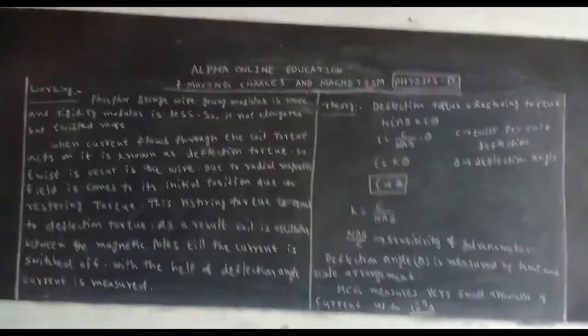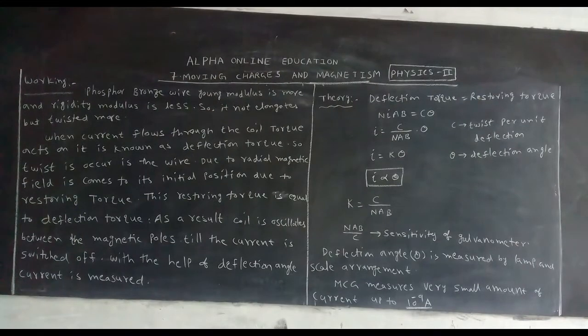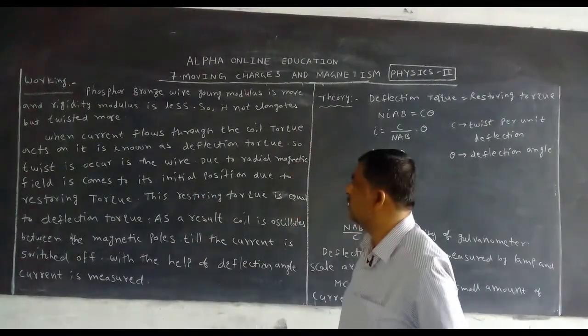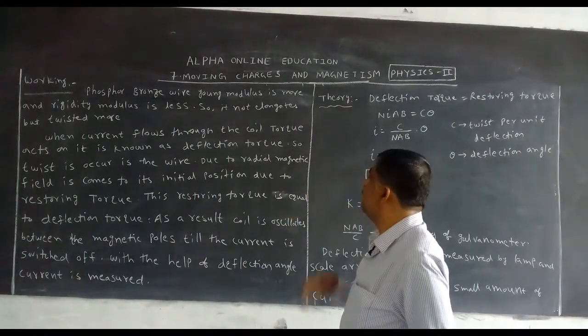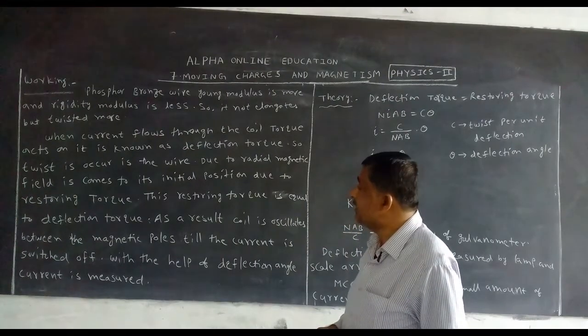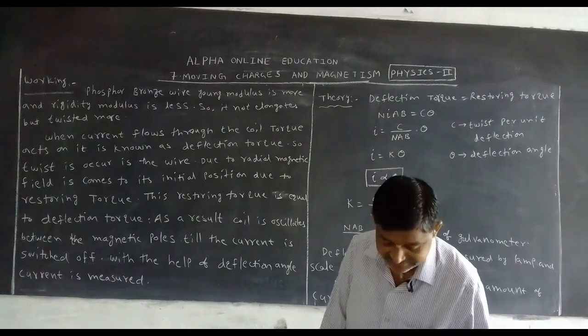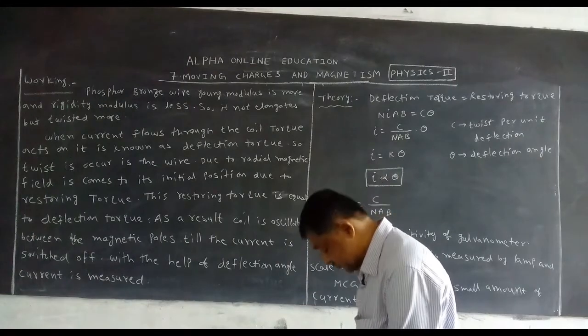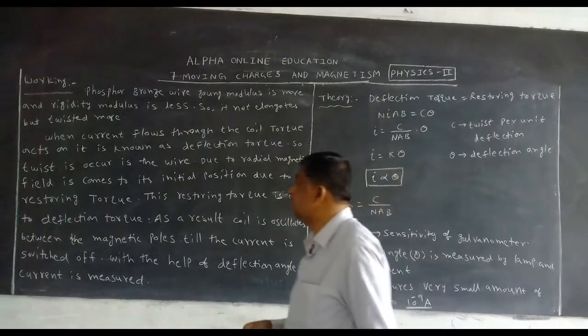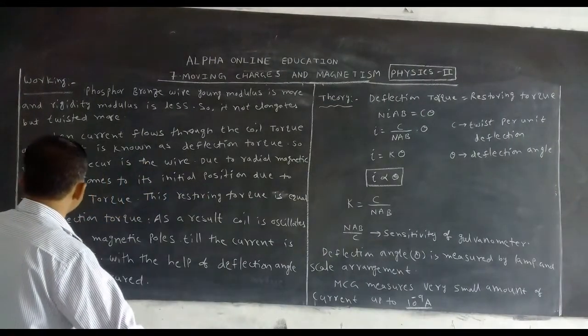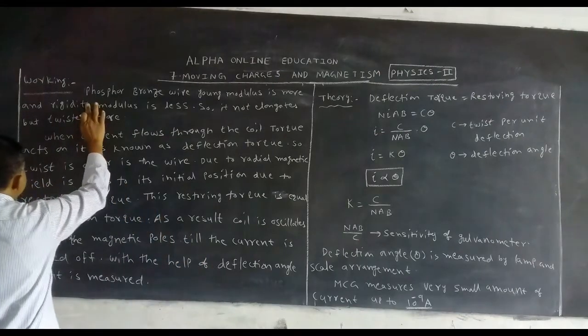Why does the moving coil galvanometer have phosphor bronze wire? Young's modulus is more and rigidity modulus is less, so it does not elongate but is twisted more.